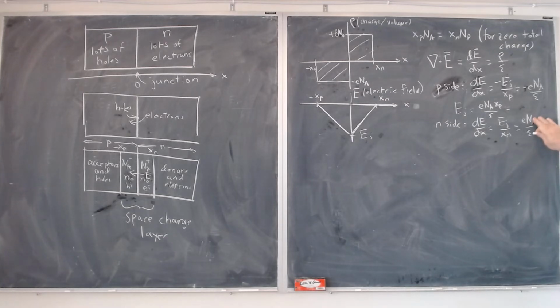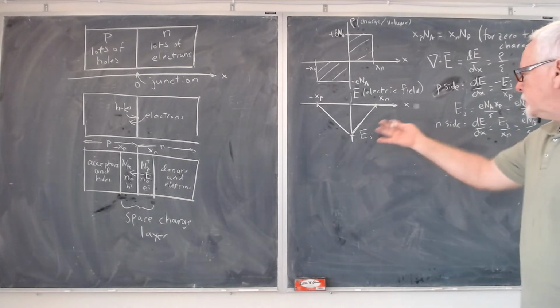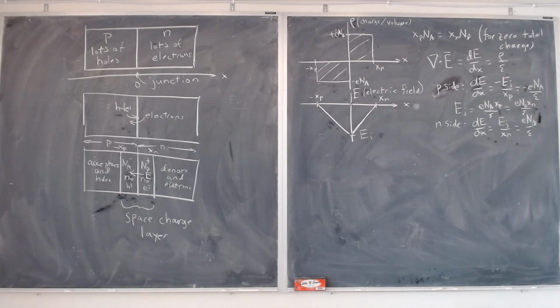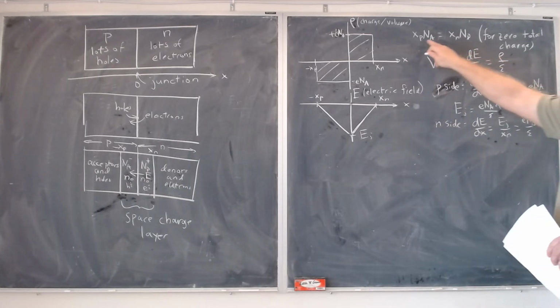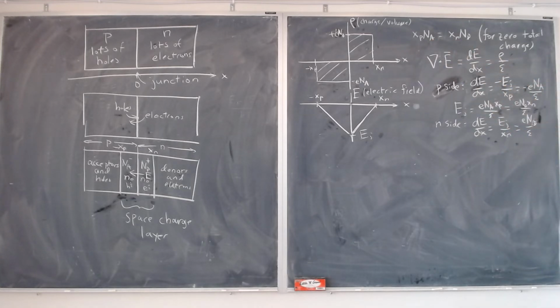Whoops, that's supposed to be donors. Because of course E_j equals E_j. And so you see that I can write down what E_j is in terms of either N_A and x_p or N_D and x_n, but since they're equal, it all fits together.